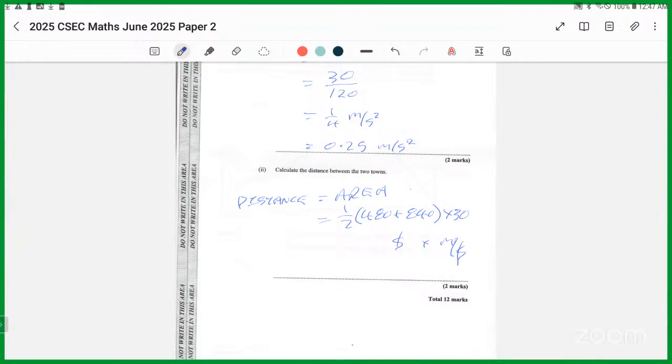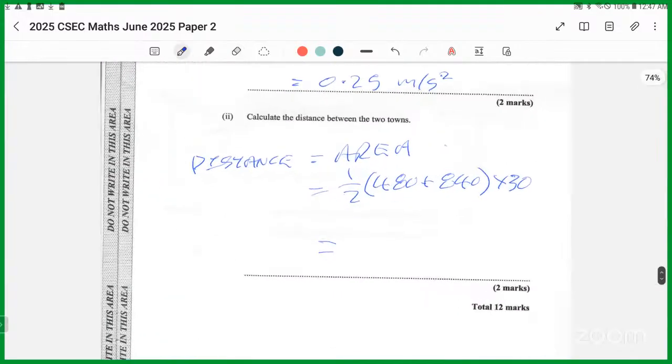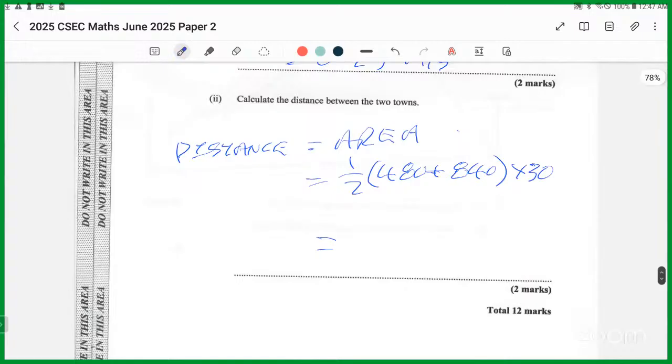The seconds cancel, giving you meters. So if you calculate the area, the result is still in meters for distance. All right, so that is that.